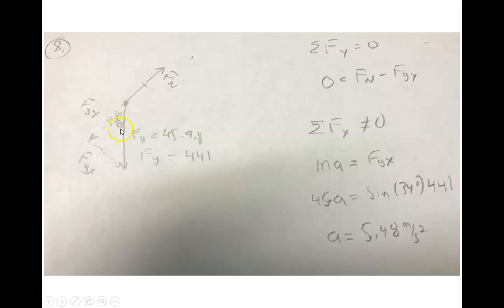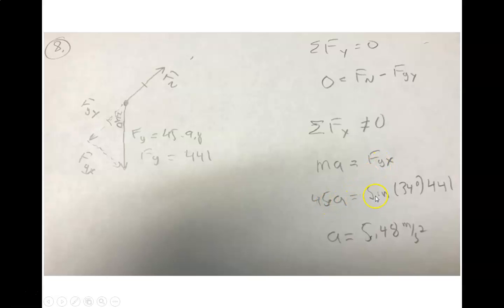Okay, so we know that these two forces are going to cancel, and what's going to be left over is this Fgx. So solving for the sum of the forces in the y direction, they cancel, so Fn equals Fg. The forces in the x direction do not cancel, and we're going to have mass times acceleration equals Fgx.